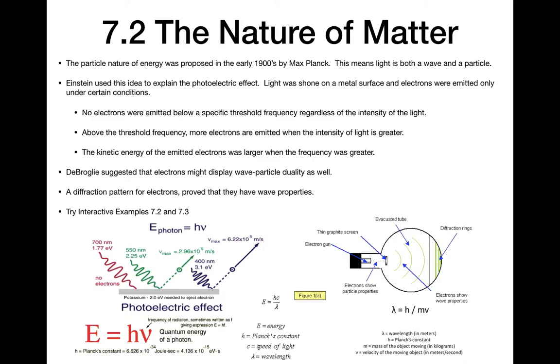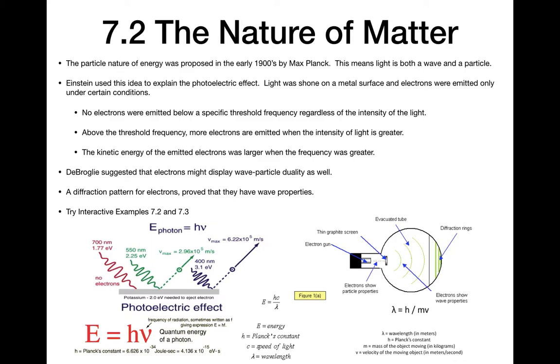So now if we look at the nature of matter and along with it the nature of energy, we find that both energy and matter can be described both as particles and as waves. Up until the early 1900s, physicists would have told you that light was a wave, and it is. But the work by Max Planck on trying to explain the ultraviolet catastrophe showed that light can also be considered a particle.